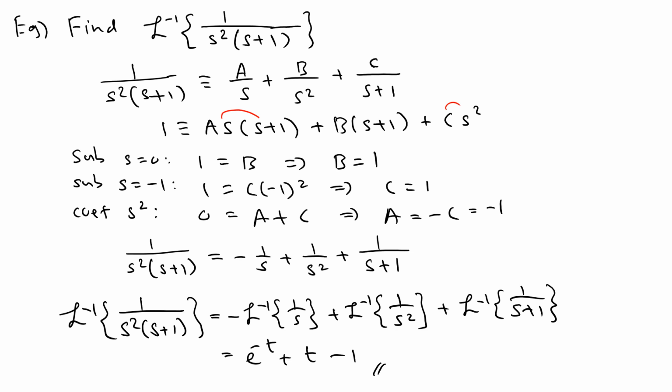Now let's see how the convolution product works for this problem. So let's do the convolution product. That's the second method, so we're going to say method 2, the convolution. When you do convolution, you don't need partial fractions.